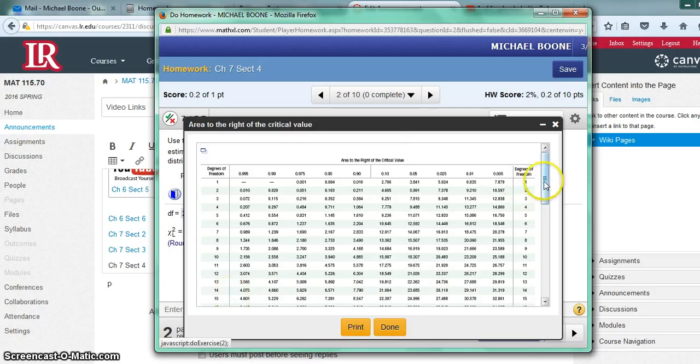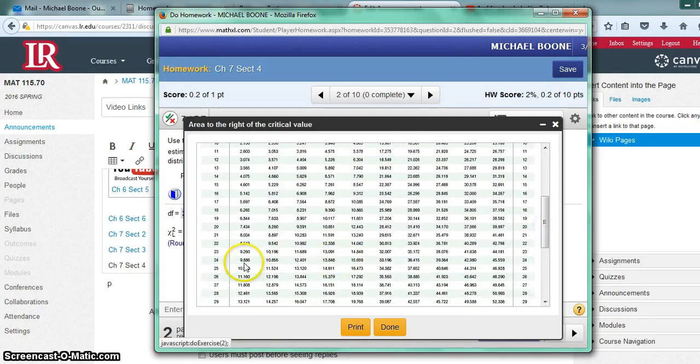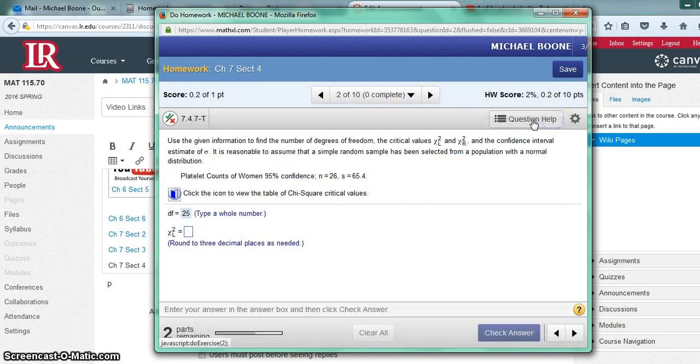So we were looking at a degrees of freedom of 25. And then if we were 95% confident, we have to think of what the picture would look like. Let's see if I can get a decent picture with StatCrunch of what's going on here.